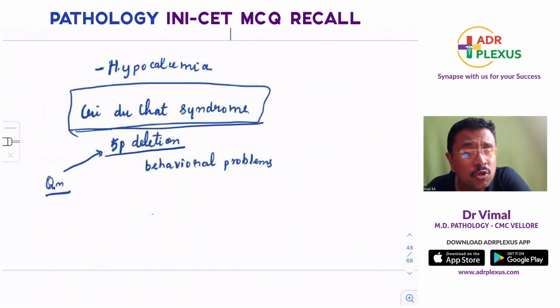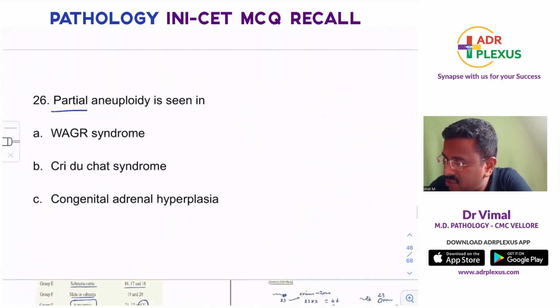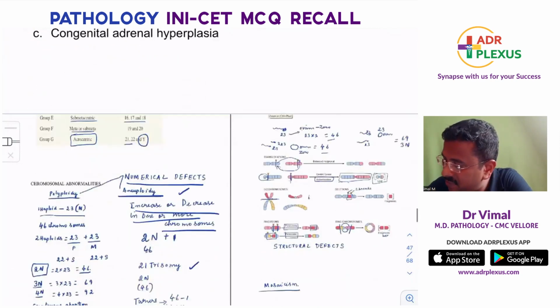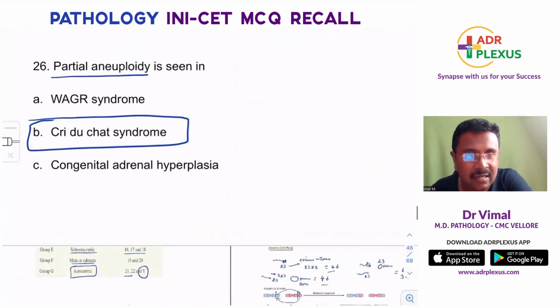So a part of a chromosome, that is the 5p arm, is getting deleted. So it results in a partial aneuploidy. So for partial aneuploidy, the answer here is Cri-du-chat syndrome. Okay, so the child will be having that cat-like crying, no, with the behavioral problem. So here, because of this 5p deletion, partial aneuploidy occurs.